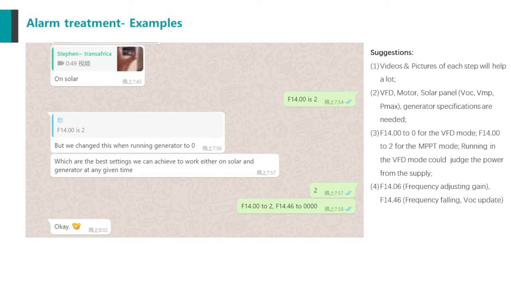And the second suggestion: the basic information for the VFD, for the motor, for the solar panels, generators, and some fault descriptions are also helpful. And third and fourth are two parameters, F14.00 and F14.06.